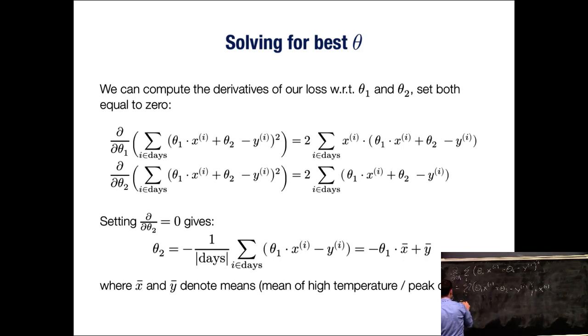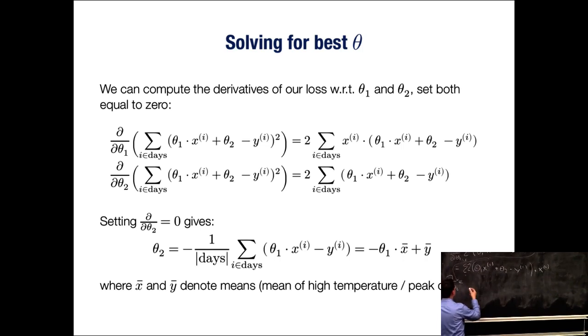So it's just equal to the sum over all i of 2 times theta 1 xi plus theta 2 minus yi. Okay? Those are our derivatives.